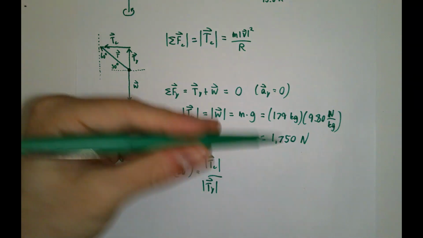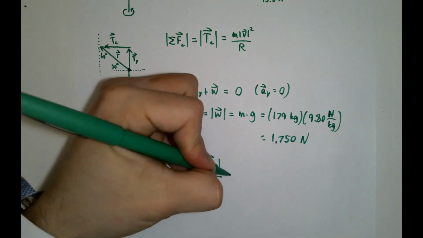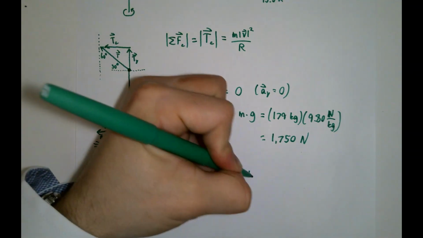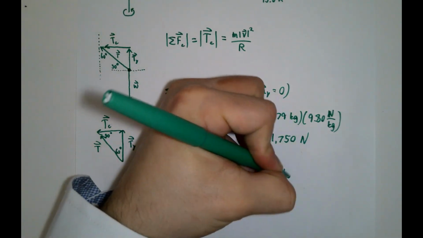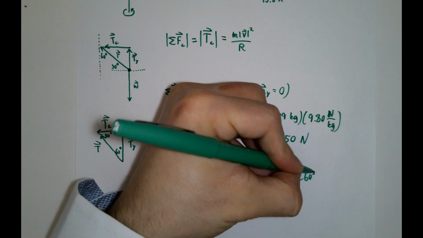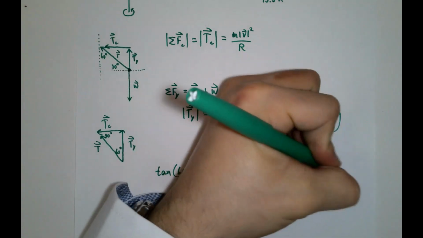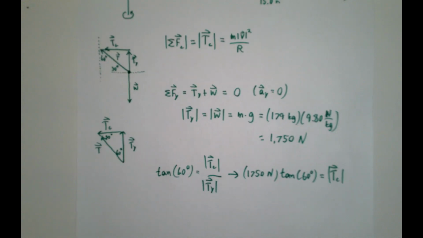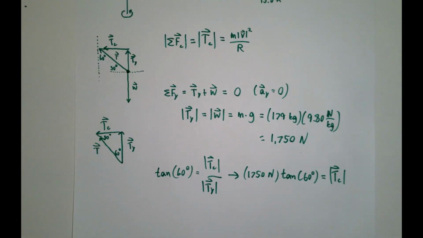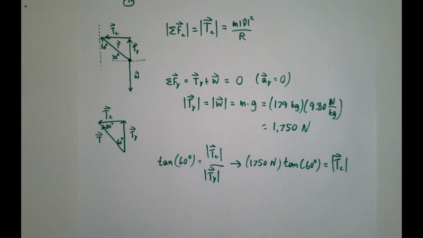I know tension in y, that's 1750. So I can rearrange this equation and find that 1750 newtons times the tangent of 60 degrees equals my centripetal tension, or the component of the tension force that's contributing to centripetal motion.